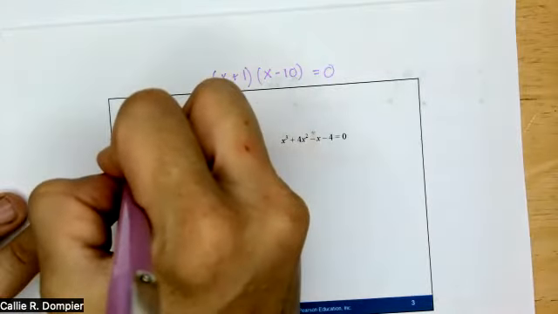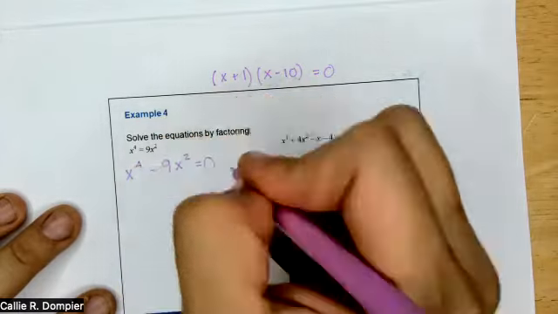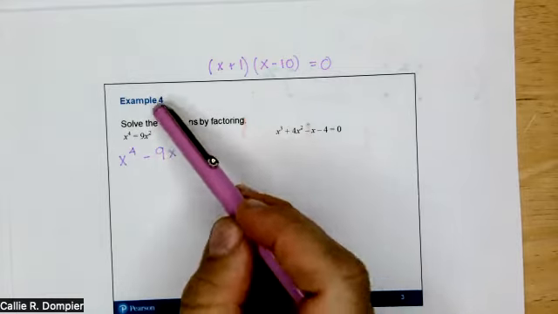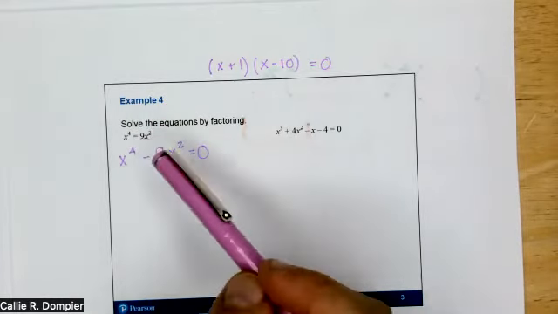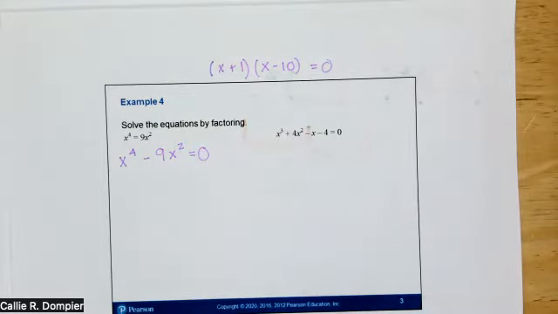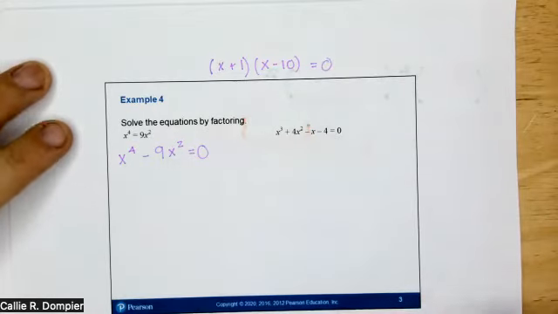So this is x to the fourth. I'm going to subtract 9x squared so that it is in standard form. If I subtract everything that's on the right from both sides, I get 0 on the right and I get it in standard form on the left. Standard form as long as you're going from the biggest exponent down to the smallest.